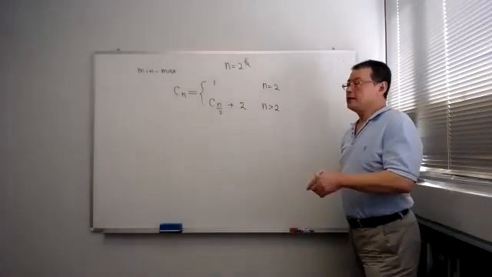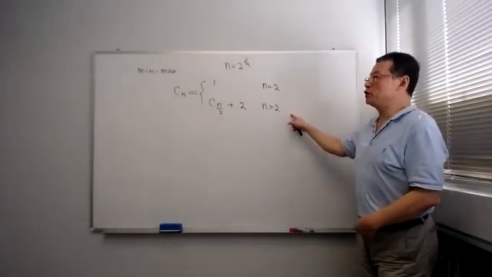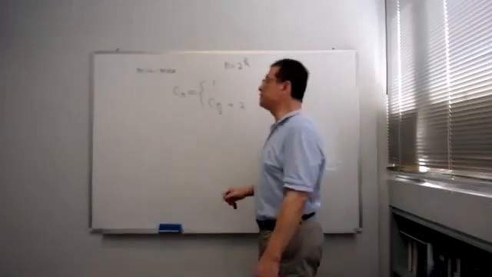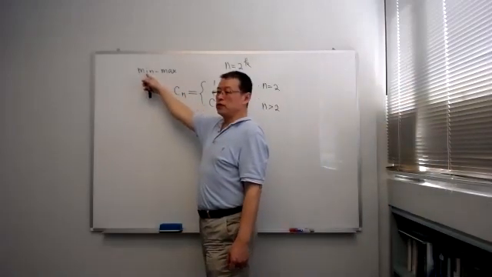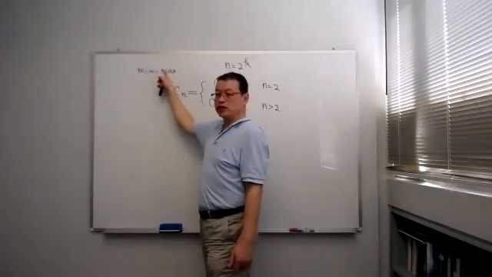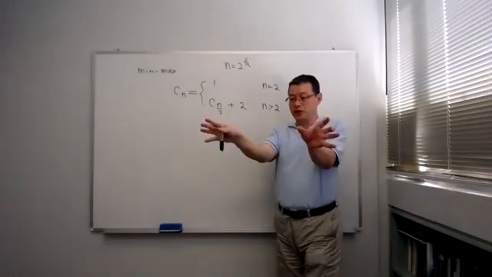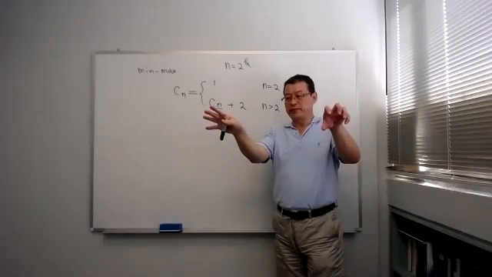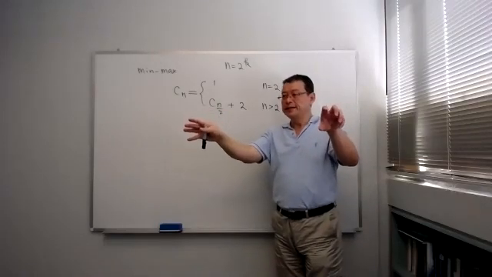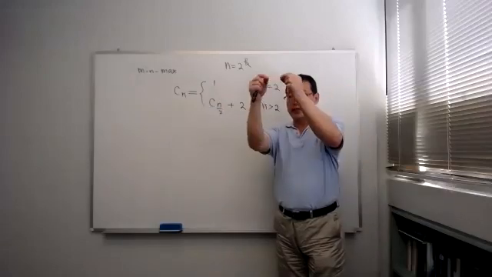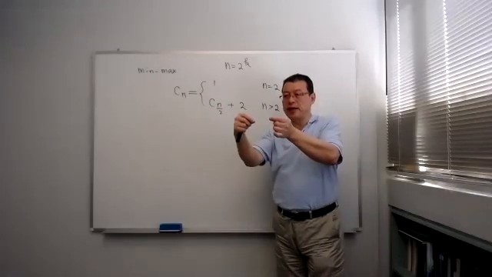All right, let's look at this recurrence relation. It gives the number of comparisons we use to find both the minimum and maximum integers from n integers. Using the divide and conquer method, we divide into two parts, find the minimum and maximum from both sides, then find the minimum between the two minimum elements and the maximum between the two maximum elements.